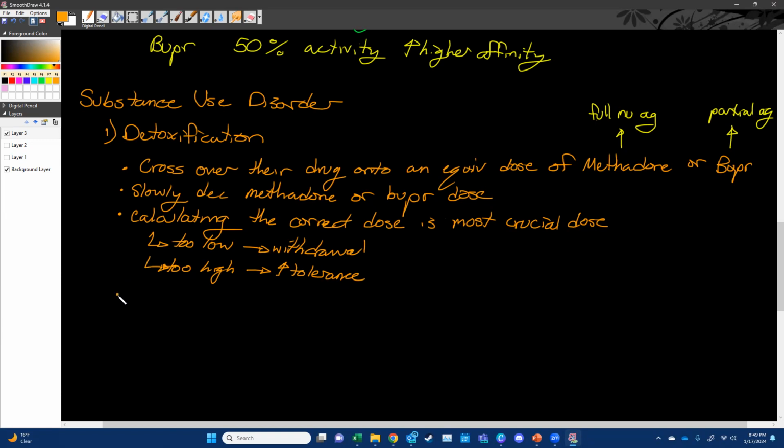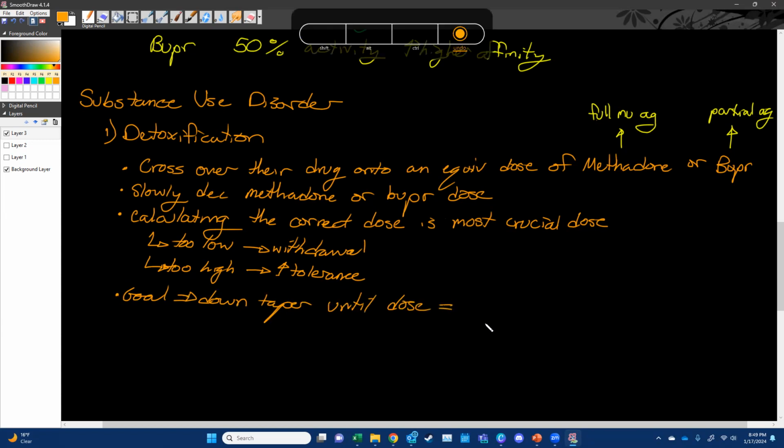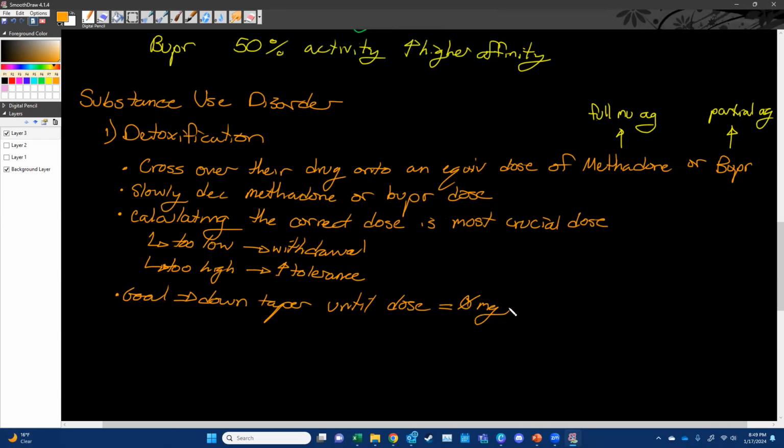The goal here is that you down taper until your dose is 0. So you start on methadone 220 milligrams, and then over the course of 3, 4, 5 months, you eventually get to 0.